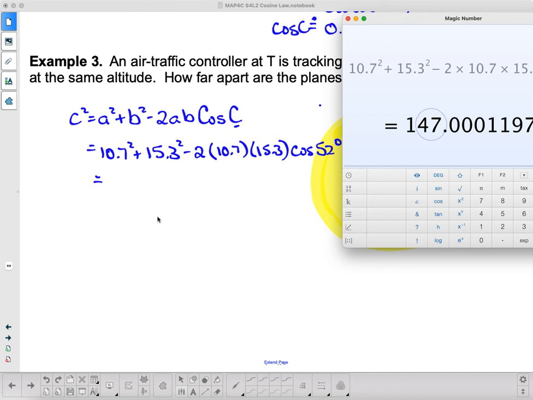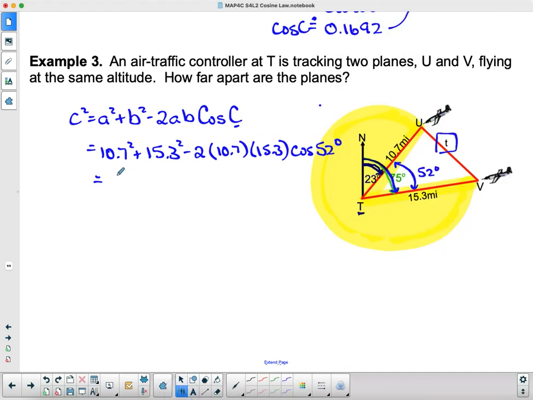So 147, almost exactly 147. Decimal 0 is what it was, so we won't even put that there.